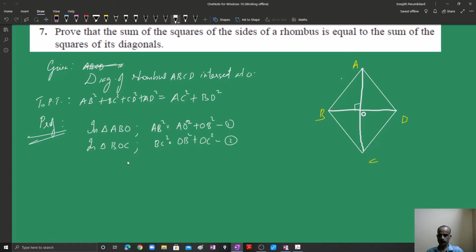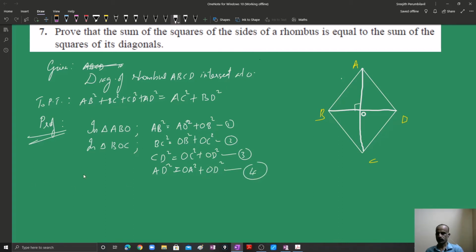Relation number 2. Similarly, we have CD square is equal to OC square plus OD square. Relation number 3. And the last one, AD square is equal to OA square plus OD square.